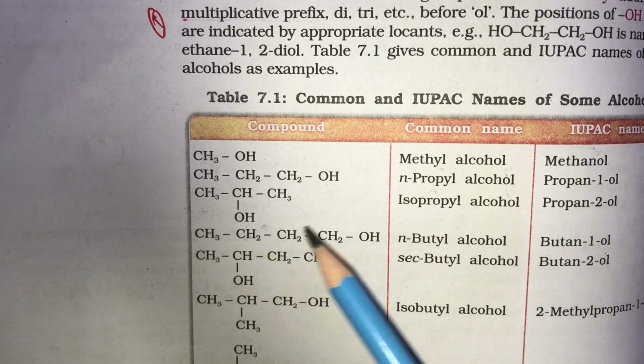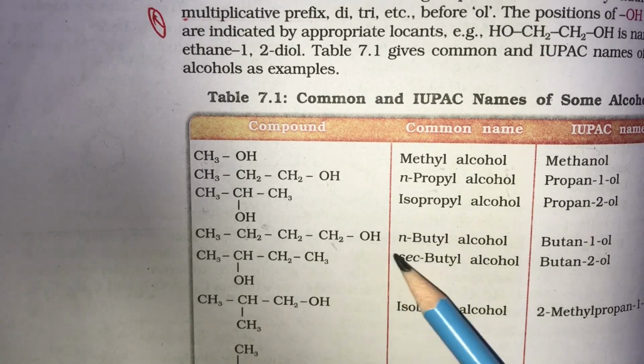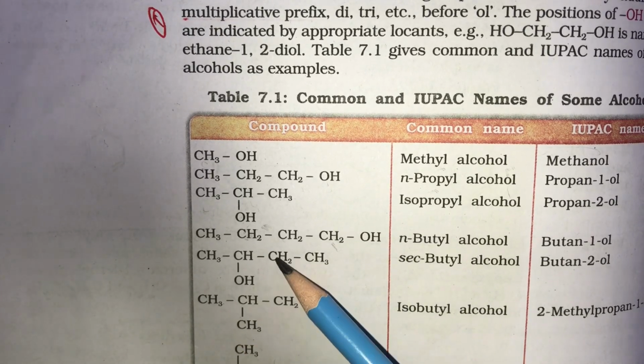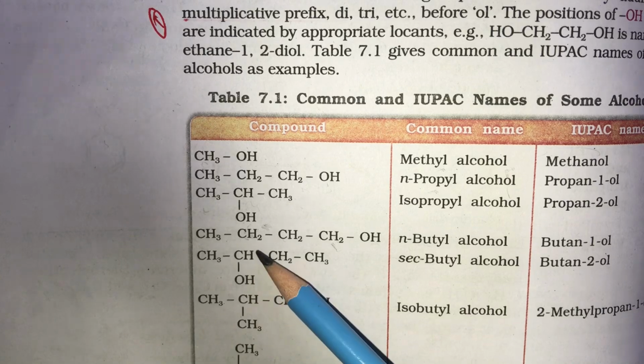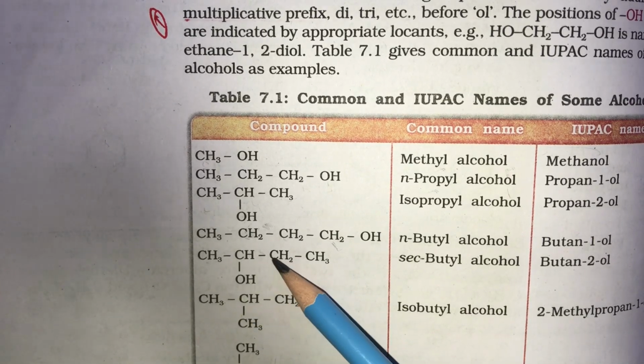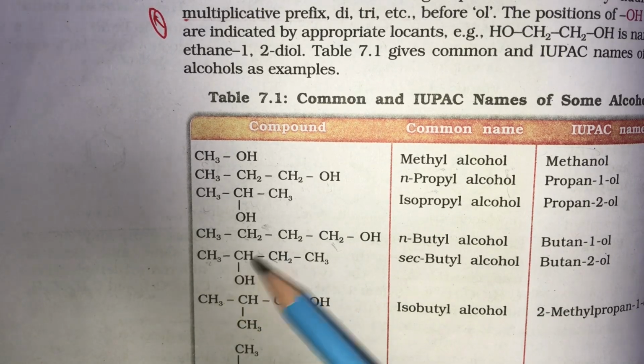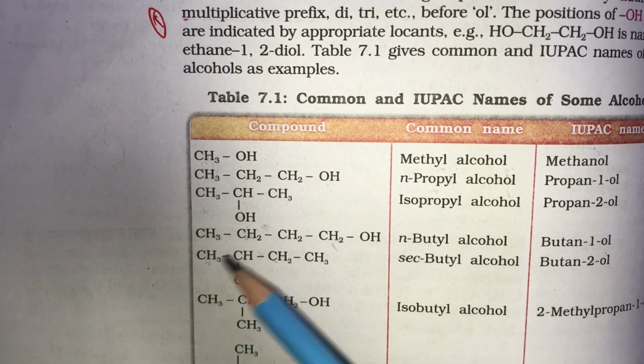1, 2, 3, 4, butyl alcohol with OH attached to the first carbon, 1-butanol. Here the OH group is attached to the second carbon, so that carbon is attached to two carbon atoms, so secondary butyl alcohol, or 1, 2, 3, 4. Counting from the nearest side, it is 2-butanol.